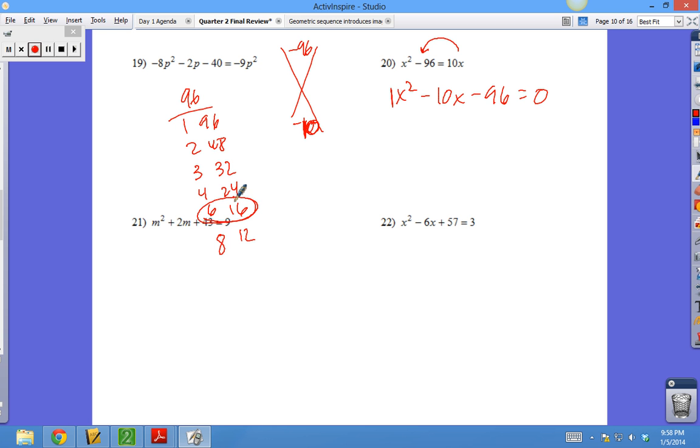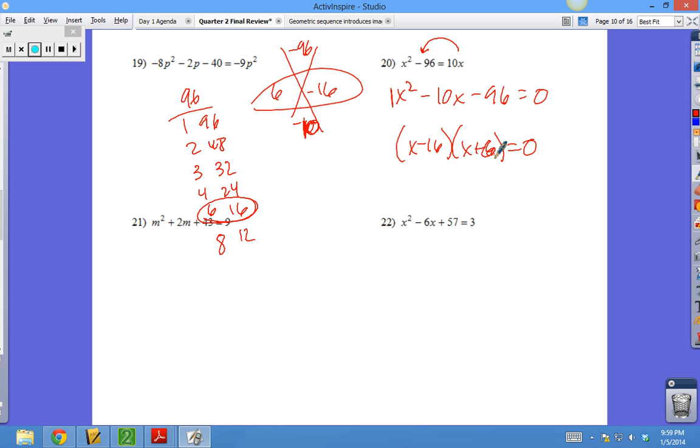This one's going to work, 6 and 16. But to get a negative 10, I want the 16 to be negative. So I'm in business. Here we go. x minus 16, x plus 6 equals 0. So your answer is going to be 16 or negative 6.